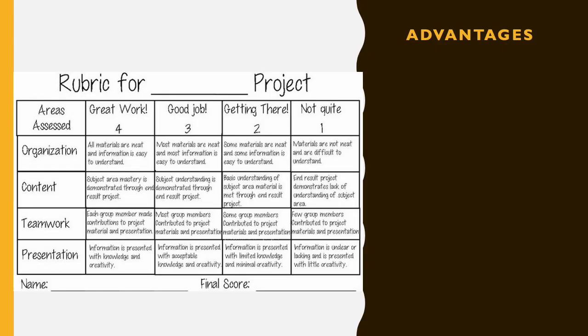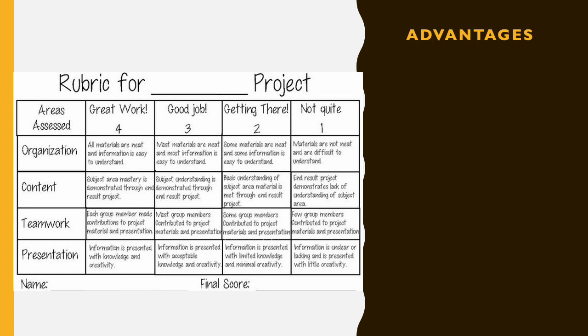So why build a rubric, right? Why not just tell a student how well they've done? And by no means should you not have that level of feedback. But a well-constructed rubric can also help in providing that feedback in a very objective and clear way.